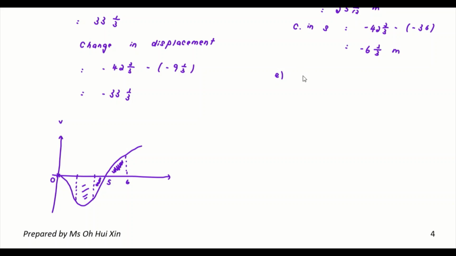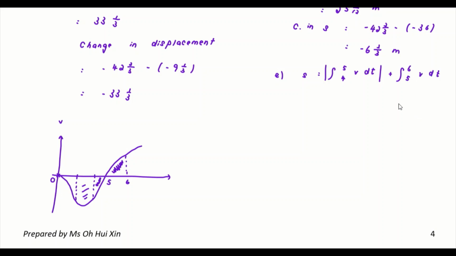So S is equal to, I have my first one, which is the integral from 4 to 5 of v dt, which is for this place. I know that it's going to give me a negative answer, so I can straight away take the modulus. After that, the second one will be from 5 to 6.